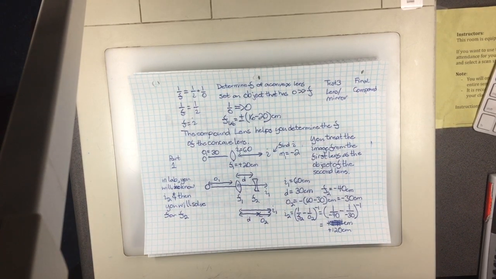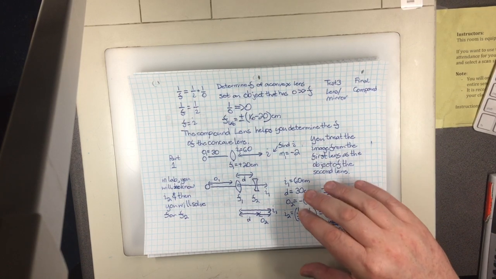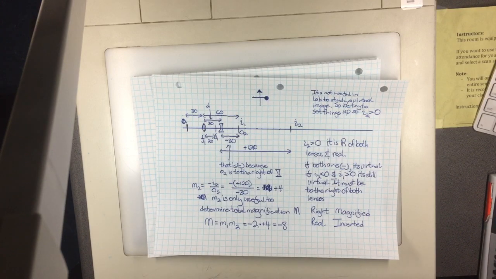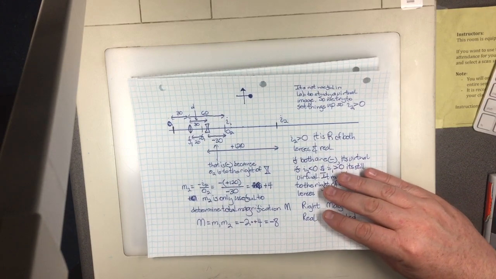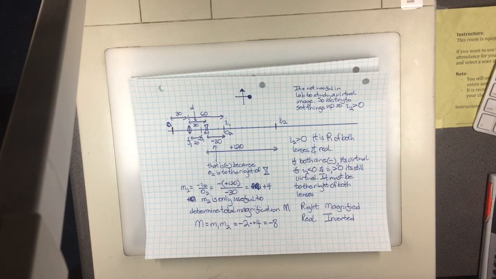So in the lab, you'll get this thing to focus. You'll measure that distance, and that's your I2. And then once you got I2, you could go through the algebra to get that F2.